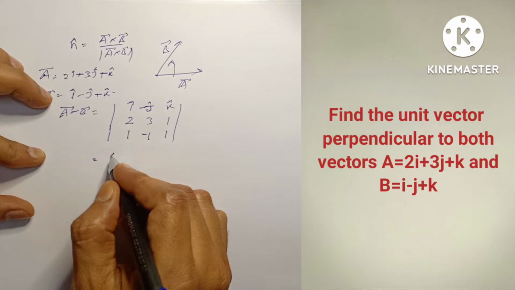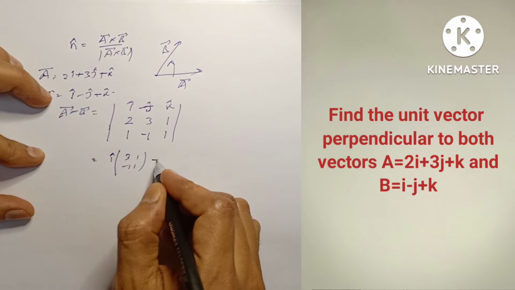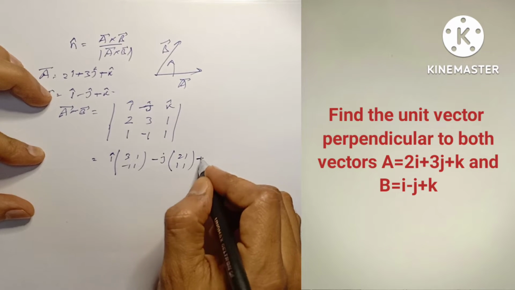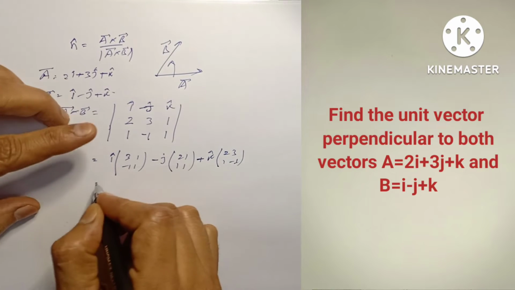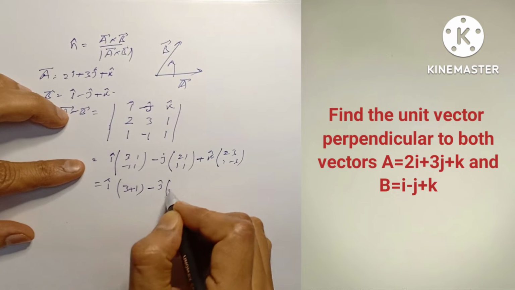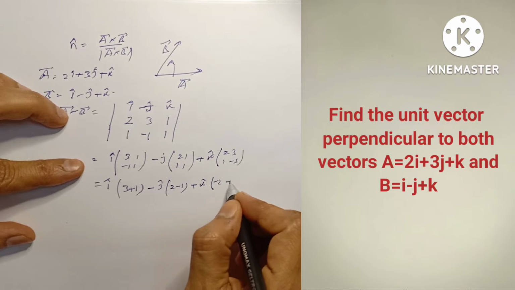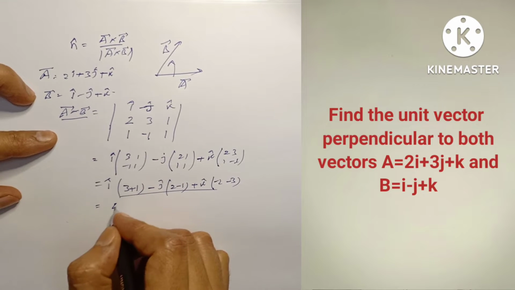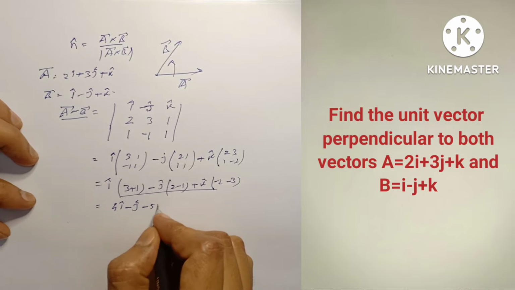So from this determinant we get i(3 times 1 minus minus 1 times 1), minus j(2 times 1 minus 1 times 1), and plus k(2 times minus 1 minus 3 times 1). So we get 3 plus 1, minus j(2 minus 1), plus k(minus 2 minus 3). So this is a cross b: 4i cap minus j cap minus 5k cap.